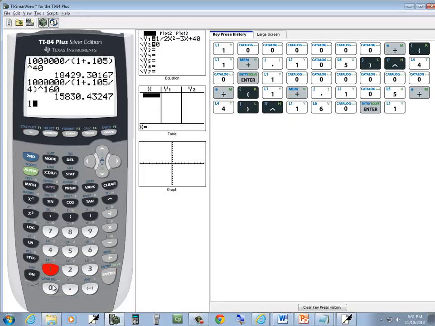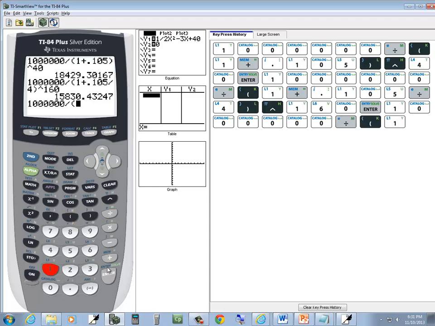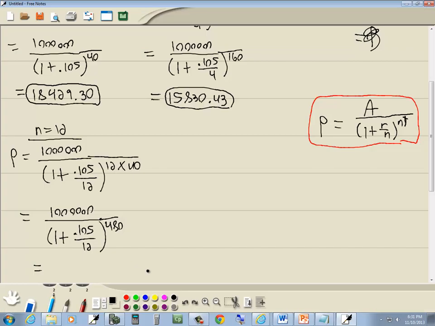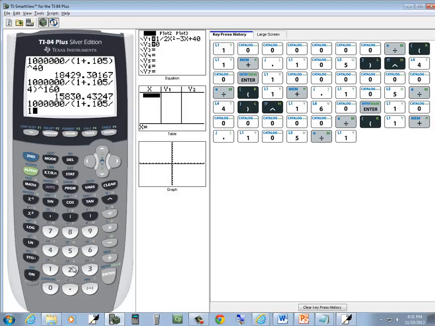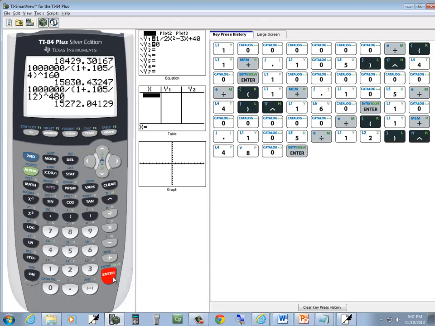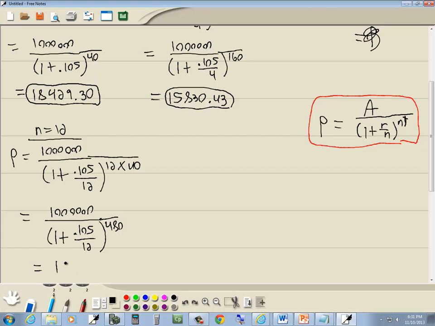So let's see, we got 1 million divided by, beginning parentheses, 1 plus 0.105 divided by 12, close parentheses, caret 480. And that gives us $15,272.04.